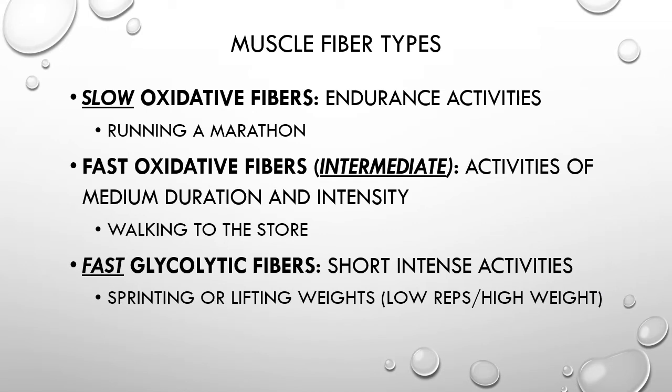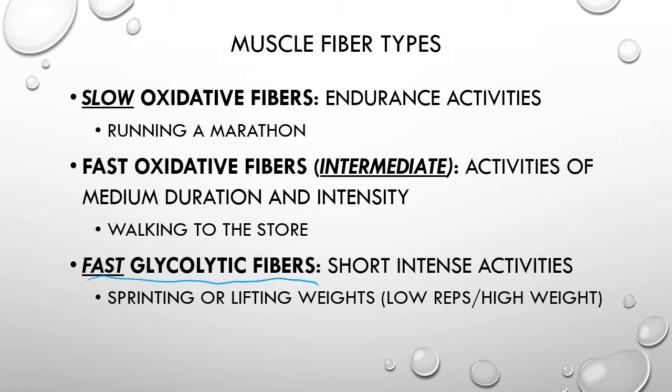Different muscles are designed for different processes. I just alluded to this a moment ago when I said that things like the deltoid are meant to work and then rest. Those types of muscles have a type of muscle cell called fast glycolytic fibers.